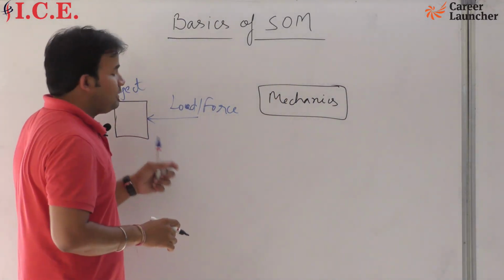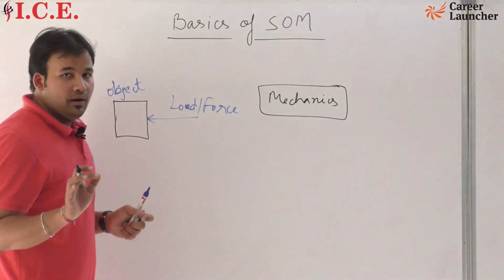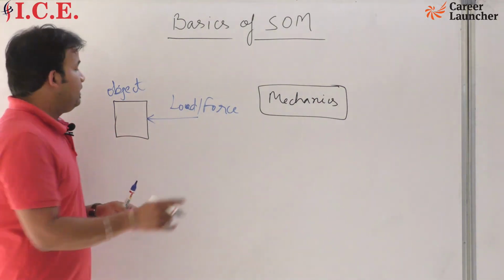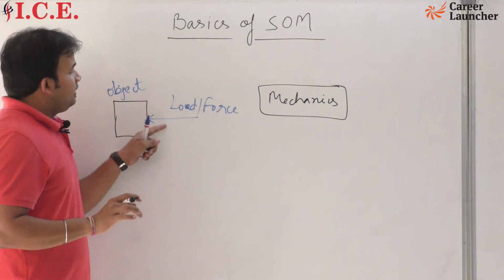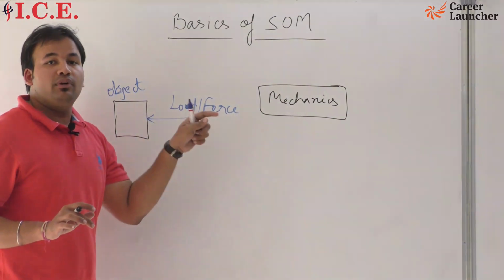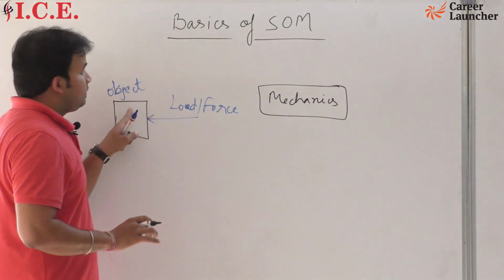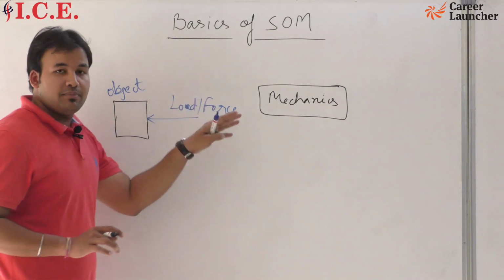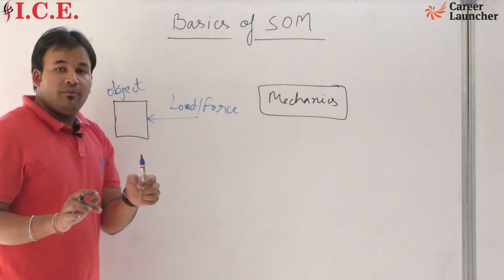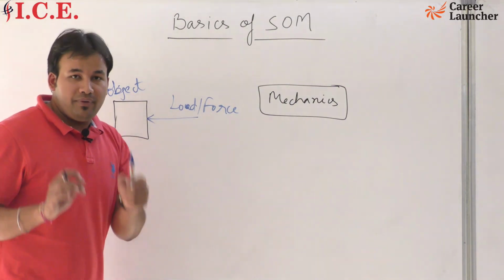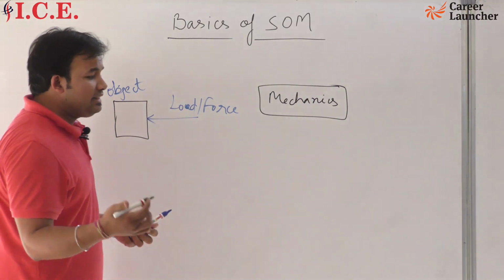Suppose I am taking an object. Till now I didn't tell you which type of object it is. In the mechanics subject we have to deal with the load or force, and here we did not fix the type of object, because as you know there are mainly three types of object.